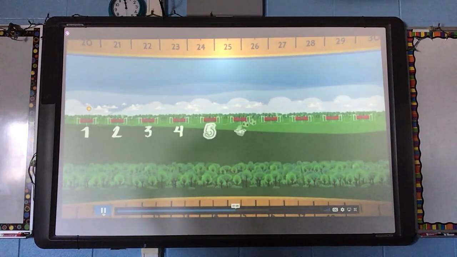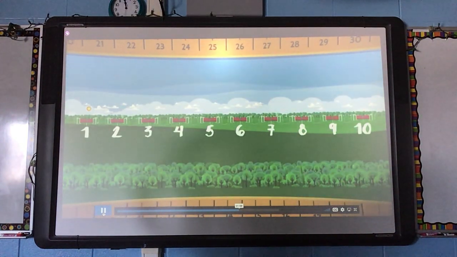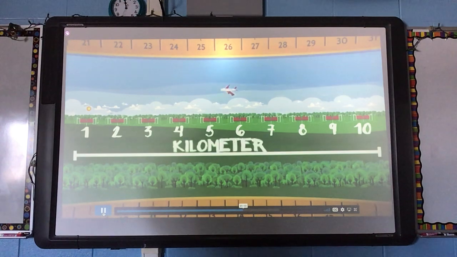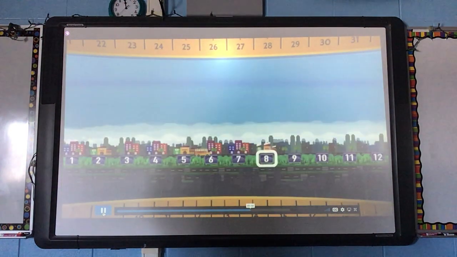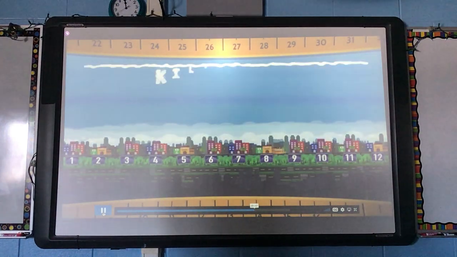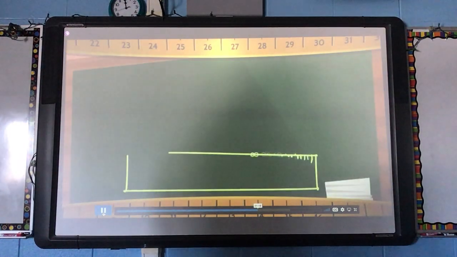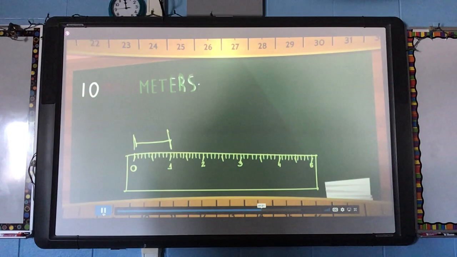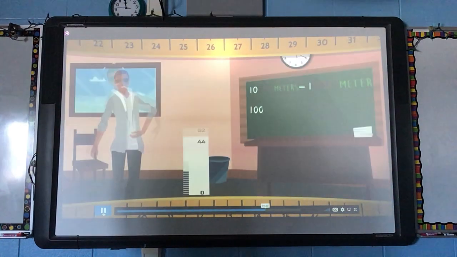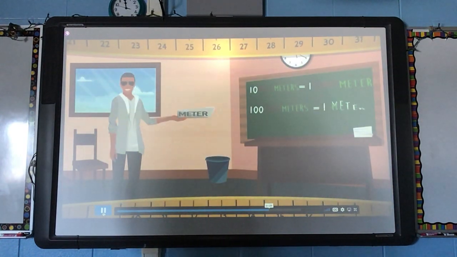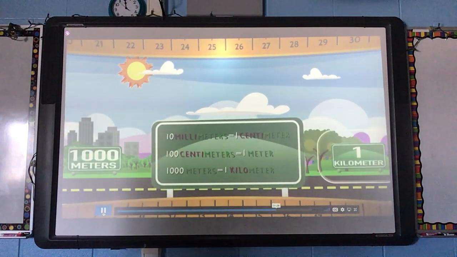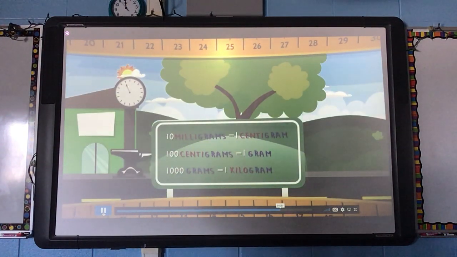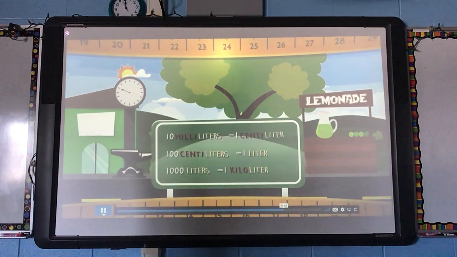And soccer fields in a row. About a kilometer you'll go. It's about how far you walk if you cross 12 city blocks.